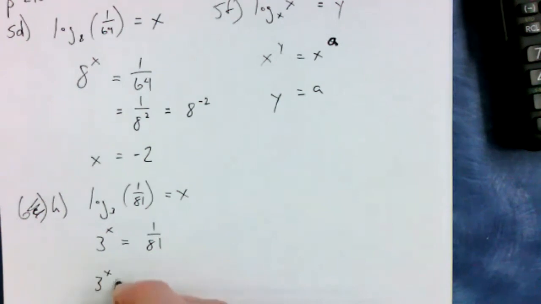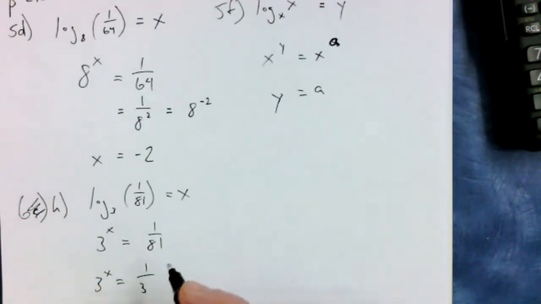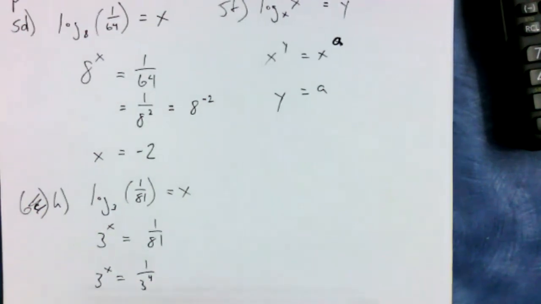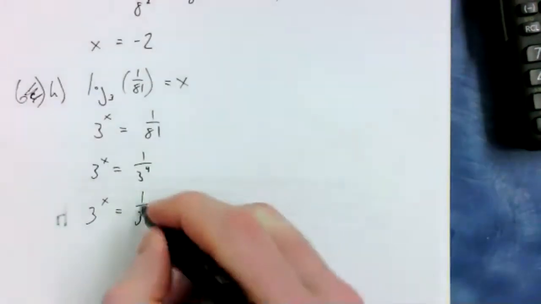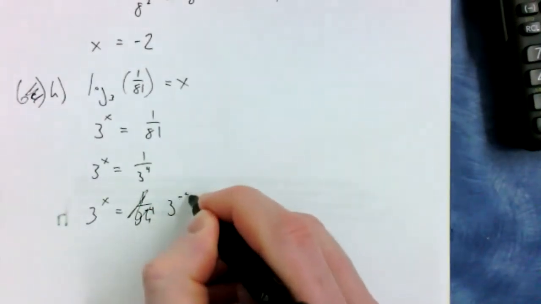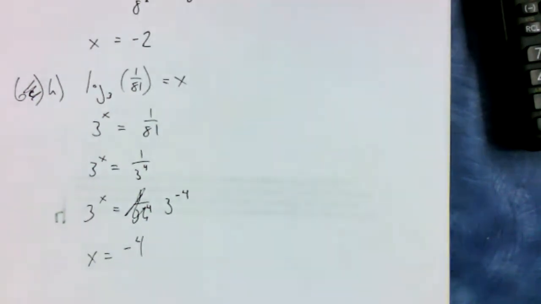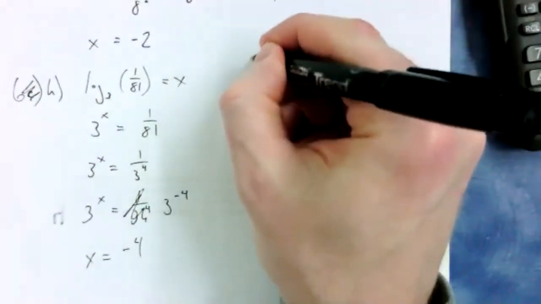So 3 to the x equals 1 over 3 to the 4, since 3 times 3 is 9, times 3 is 27, times 3 is 81. So 3 to the x equals 3 to the negative 4, and x equals negative 4. Cool.